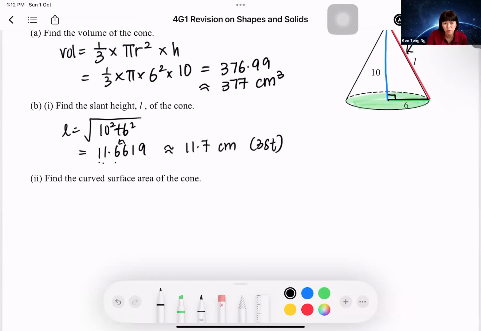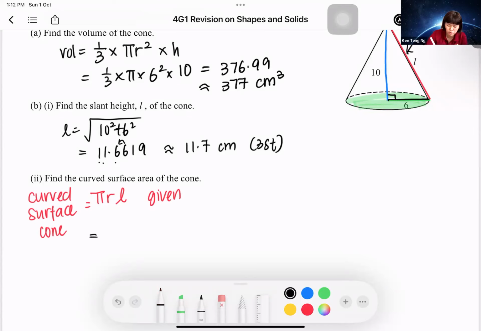The curved surface area of a cone is given to be pi r l. This is given in the formula sheet. I'm going to find out the curved surface area of the cone, pi r l.